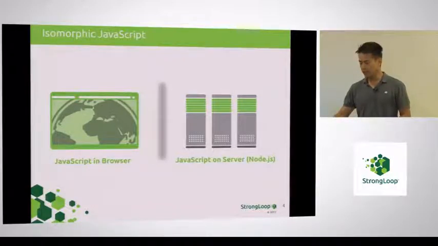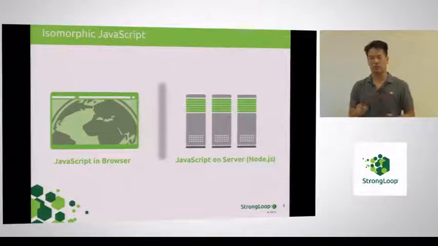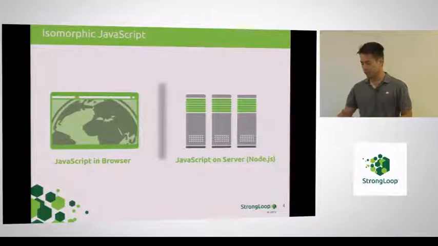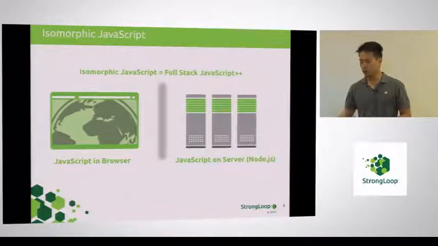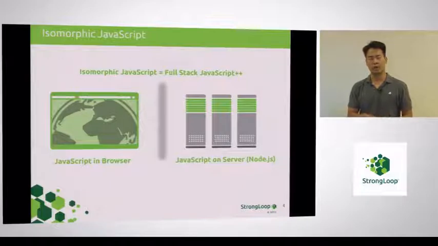I like to think of it as blurring the lines between the two, because it's the same JavaScript, not a flavor of JavaScript with a different API or a different set of libraries. In other words, isomorphic JavaScript is full stack JavaScript ++, sharing the same components, code, and API, reusing as much as you can in the spirit of DRY on both browser and server.